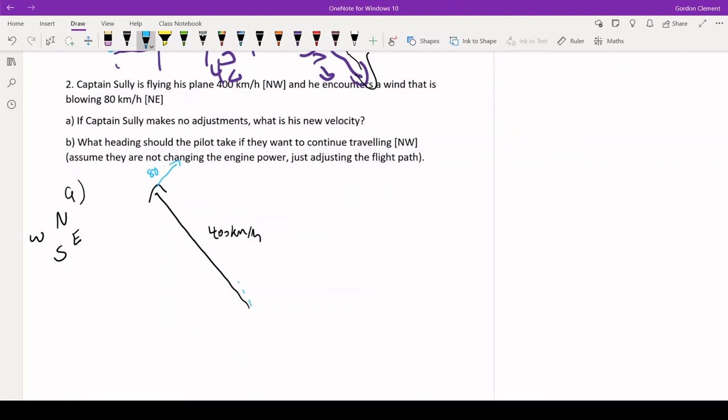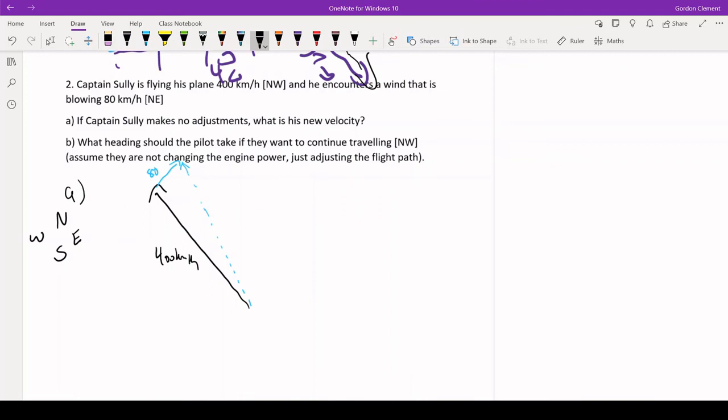And so the resulting, the new speed, connects from the head of that to the tail of that. It's his speed plus the wind speed. I'm going to write the 400 on the other side so that it's not gumming up my picture anymore. There we go. So we've got those two sides.